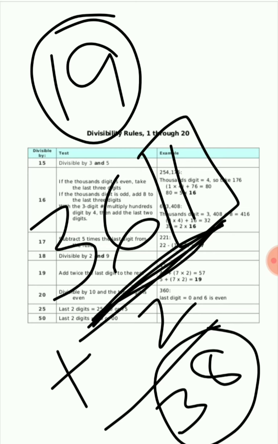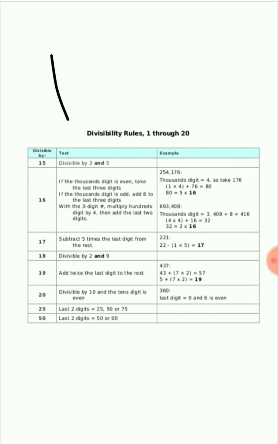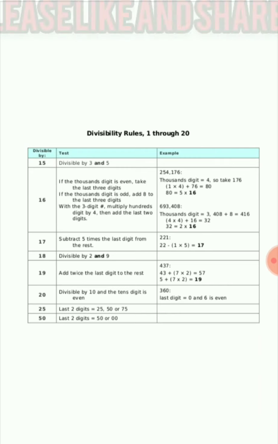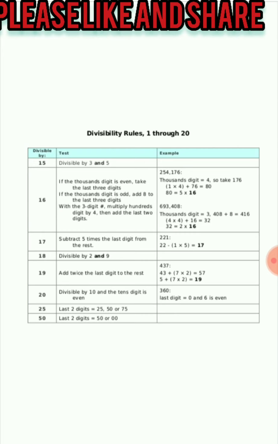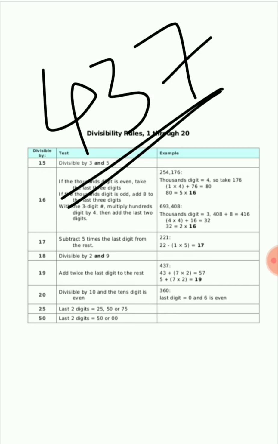Let's take another example. Here is another example, 437.